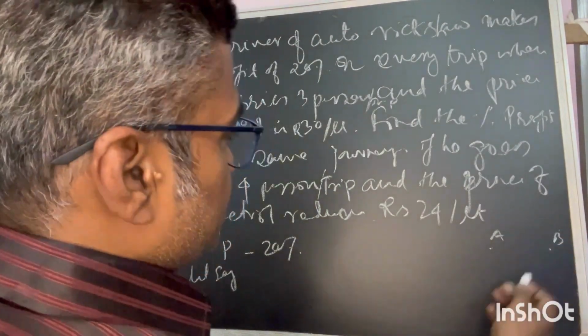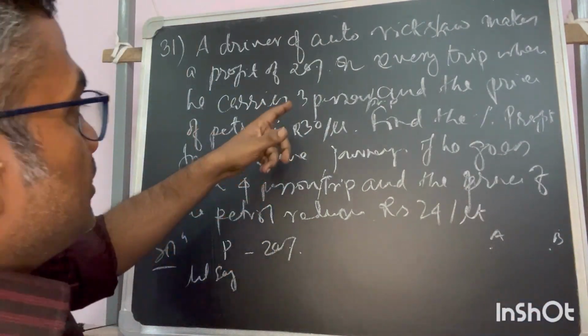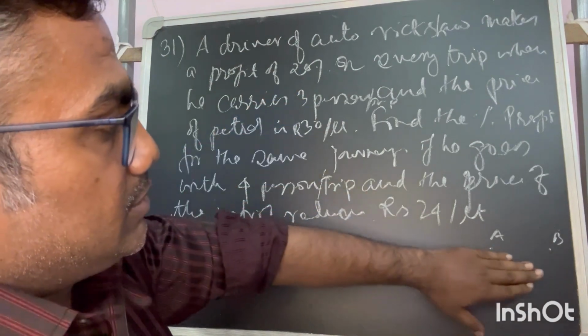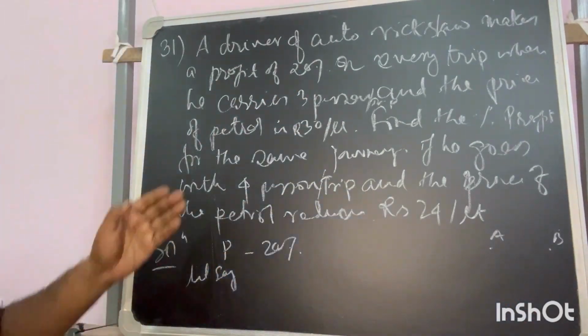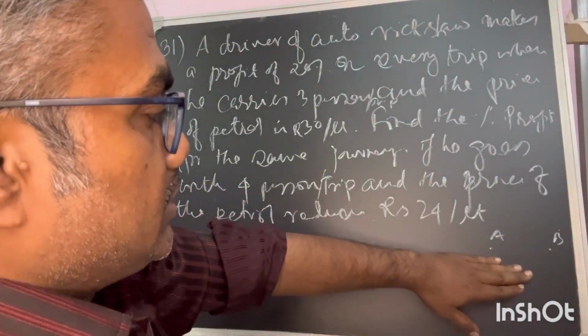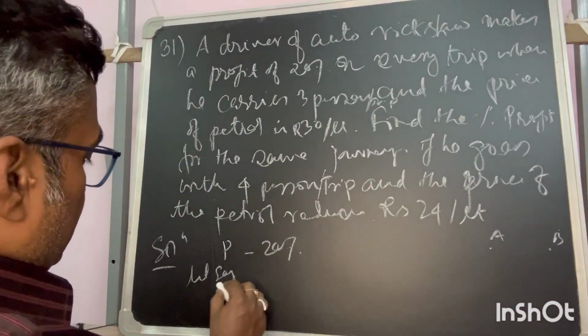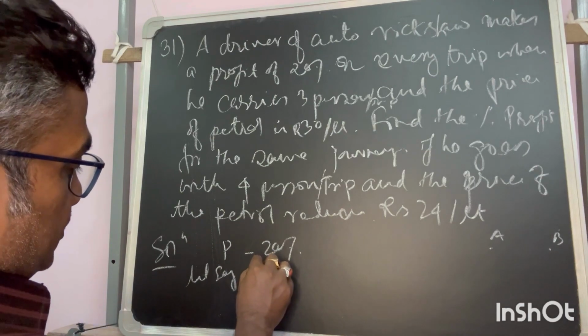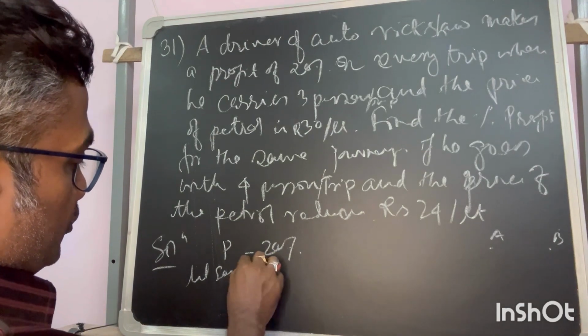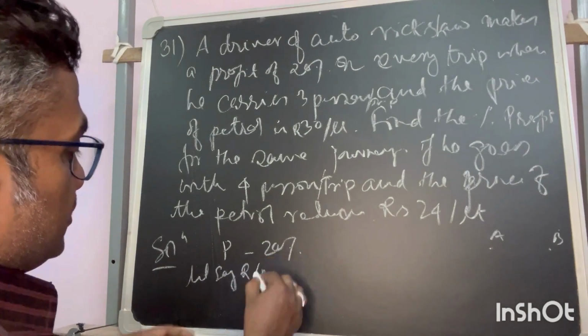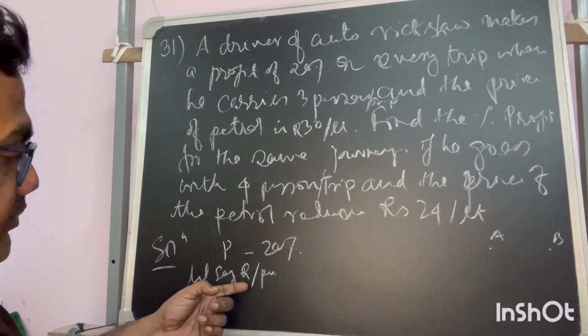When you change the destination there may be a different price, so that assumption is needed, since it is not mentioned. Per person, means the fare.